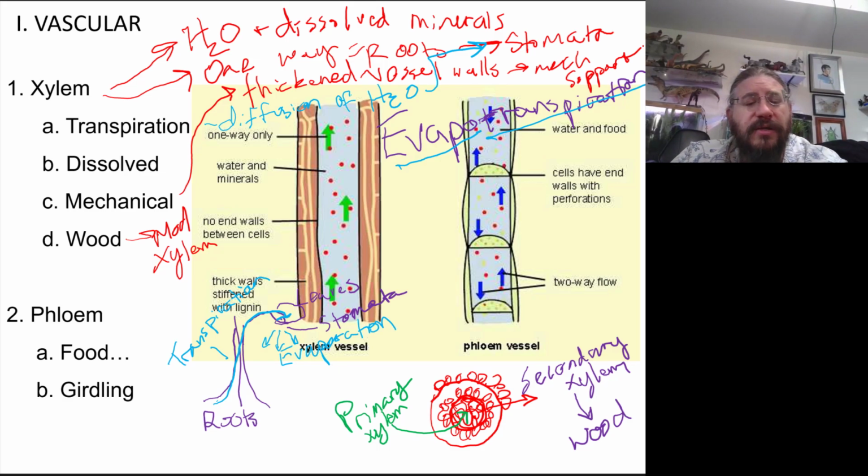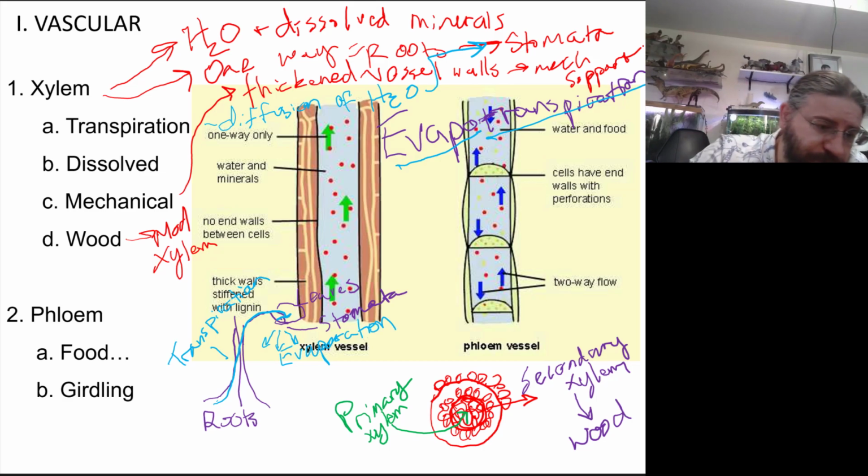Okay, so we compare xylem to phloem. Phloem is for transporting nutrients, so plant-produced, synthesized nutrients, and for transport of hormones.